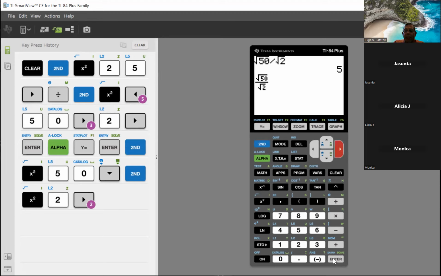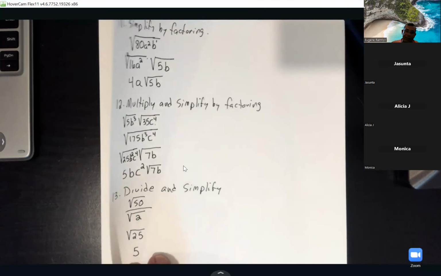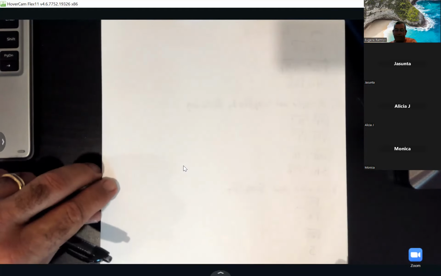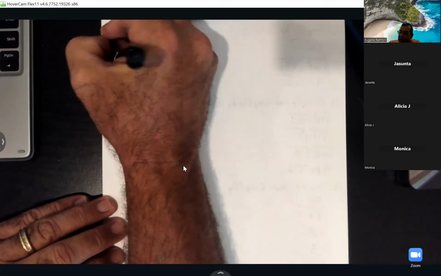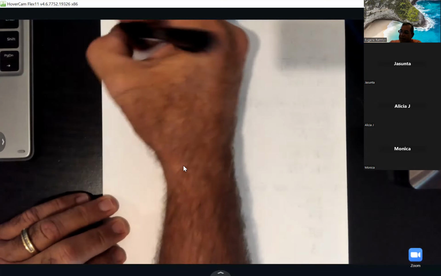All right, and if you do it that way, you still get a 5. So if you notice, a lot of this test is mainly doing that simplifying, okay? All right, y'all. So number 14 says add and simplify.